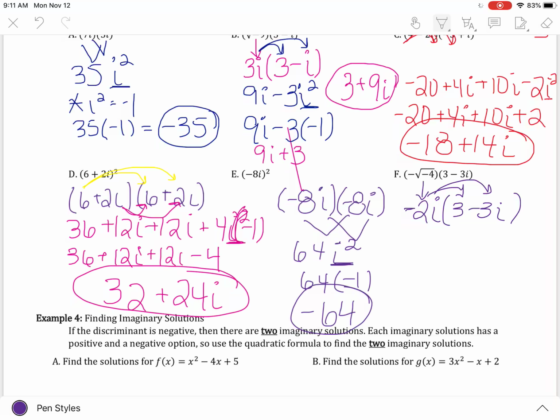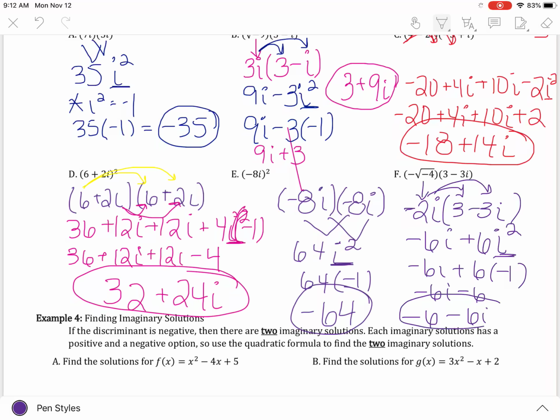Distribute just like you normally would. Get a negative 6i plus 6i squared. Remember that i squared is the same thing as if you were to have a negative 1. Make sure that you are writing your final answer in standard form for us. It would be a negative 6 times a negative 6i.